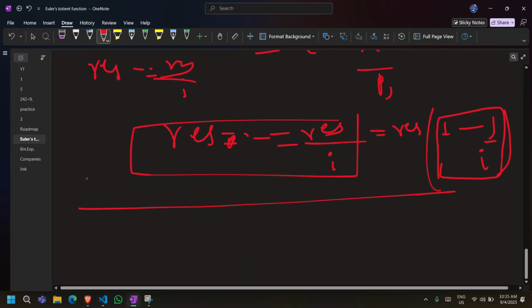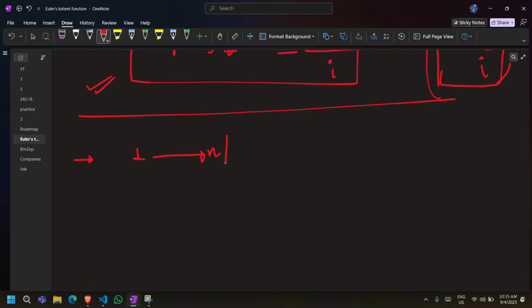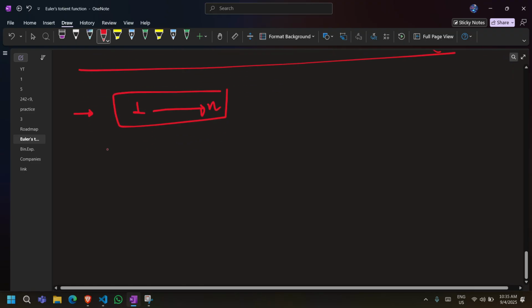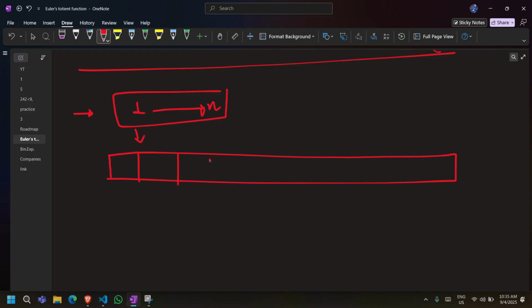Now this is basically useful when you have to find phi for a single integer. But what if I tell you to find phi from 1 to n? In this case, you can use the concept of sieve. So initialize phi of 1 to n with i, meaning the same numbers 1, 2, 3, 4, 5, 6.